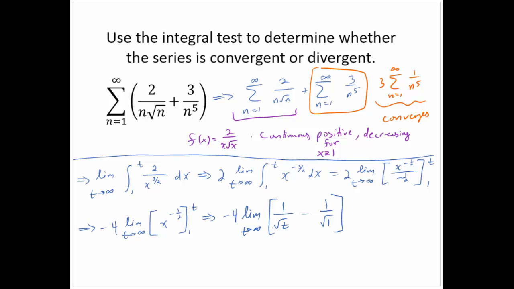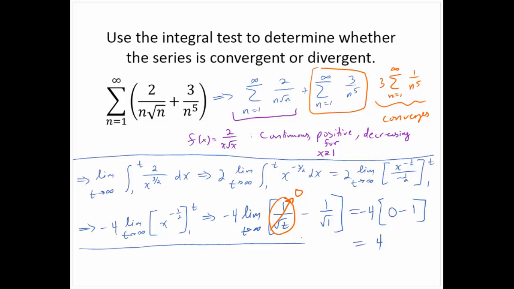As t approaches infinity, the square root of t approaches infinity, and so this fraction, 1 over the square root of t, will approach 0 as t approaches infinity. So then I would have negative 4, and applying the limit, I'd have 0 minus 1, and so then it approaches 4. Again, we already knew that the second term converged from our previous exercise.